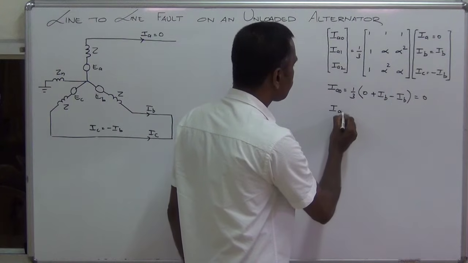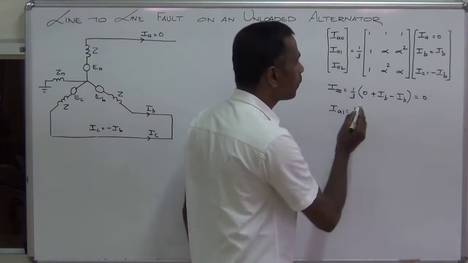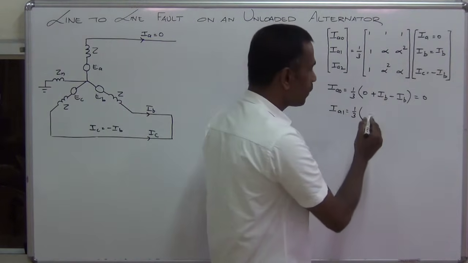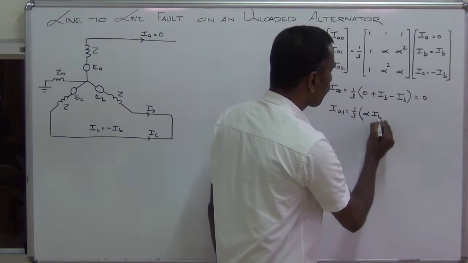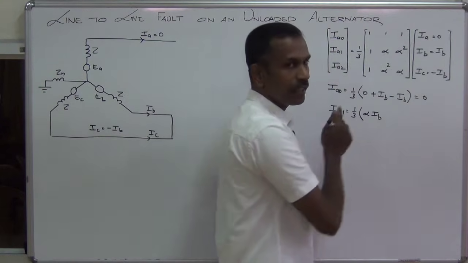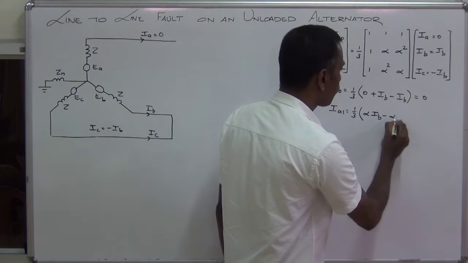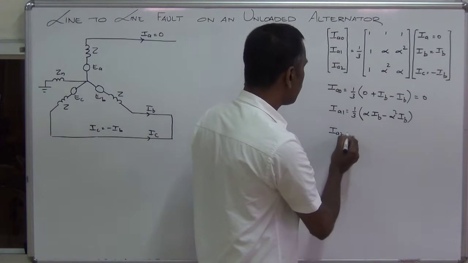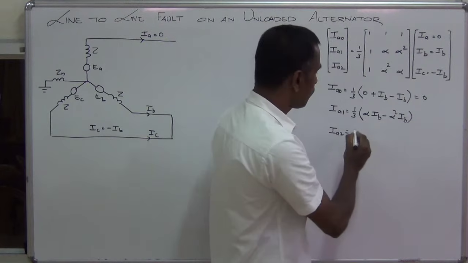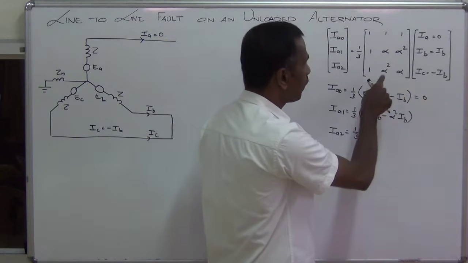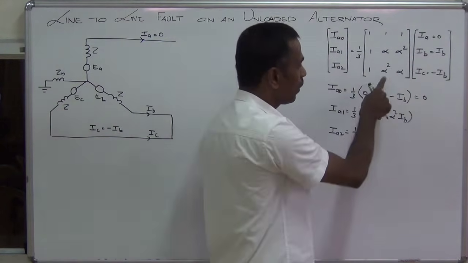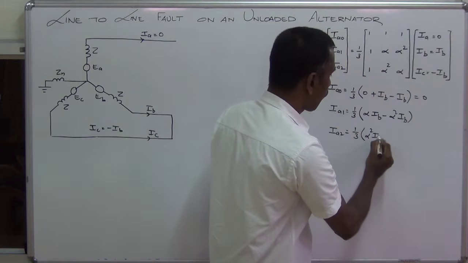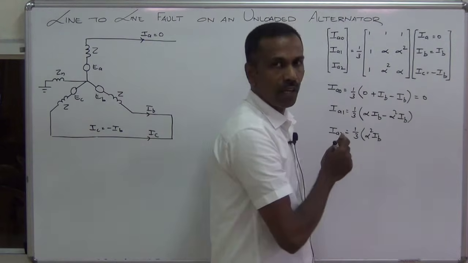IA1 equals 1 by 3 into 1 into 0 plus alpha IB minus alpha square IB. And IA2 equals 1 by 3 into 1 into 0 plus alpha square IB minus alpha IB.